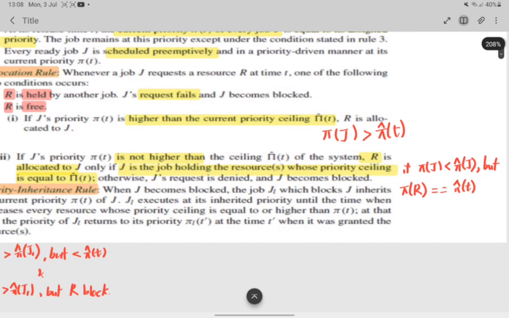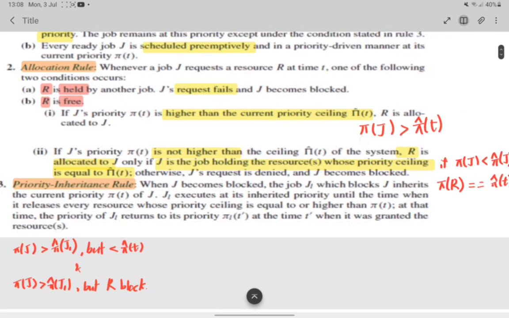If the job's priority is higher than the current priority ceiling, the resource is allocated to the job because it's free.